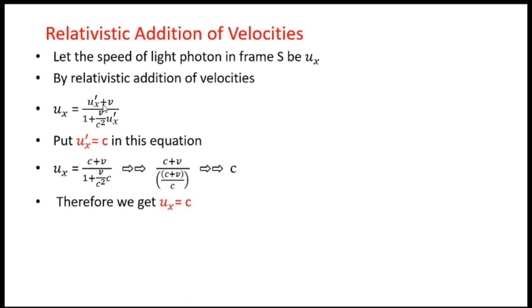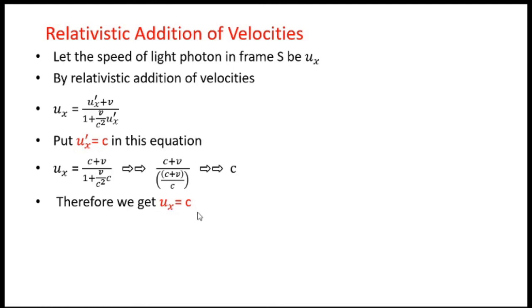The c cancels here, so we get (c plus v) divided by (c plus v) upon c. This c plus v in the numerator gets cancelled with the c plus v, and the answer is equal to c. Therefore ux is equal to c.